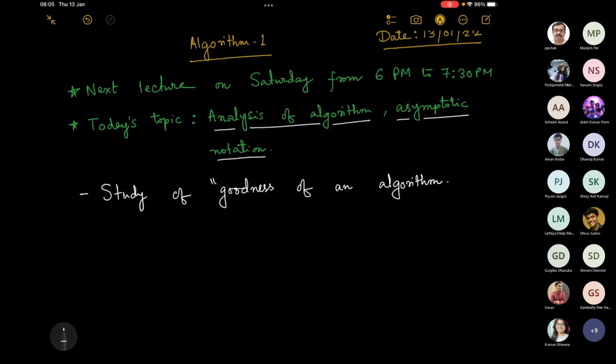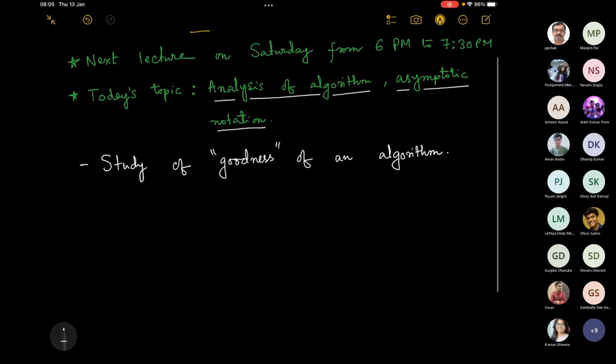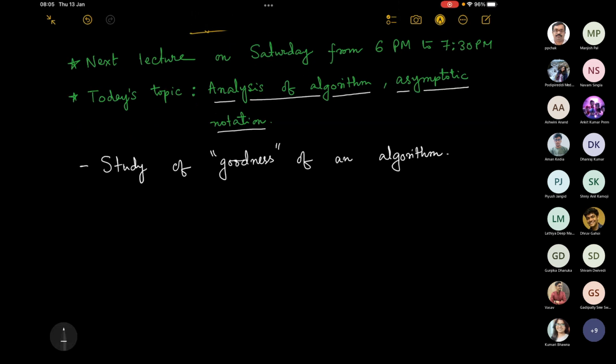Okay, so this is the analysis of algorithm. It is the study of goodness of the algorithm. Now, what do you mean by goodness? Let's expand this. By goodness, we mean the study of resource requirement of an algorithm.